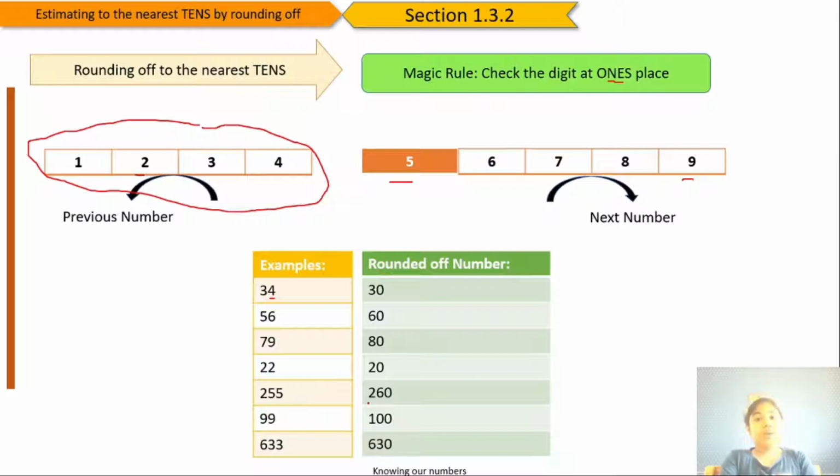We need to round it off to the next number because it's 55. So what's the next number for 55? It is 60. So it will be 260, not 250. 99. 99 will be 100. Next we have 633. What will this come out as? It will come out as 630 because we have 3 here.